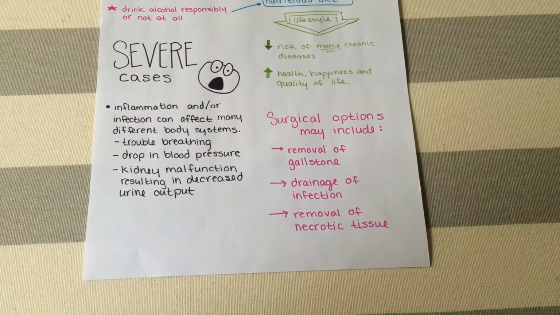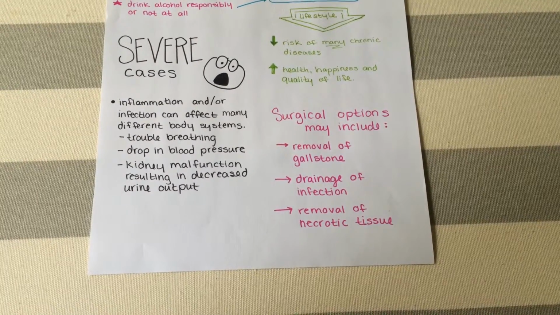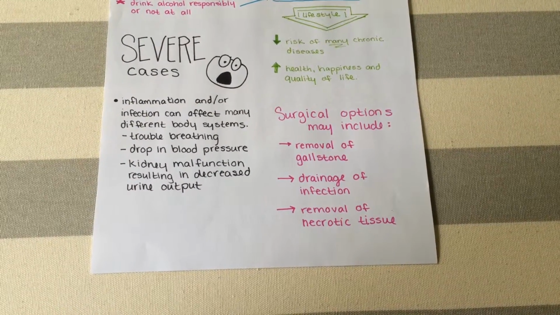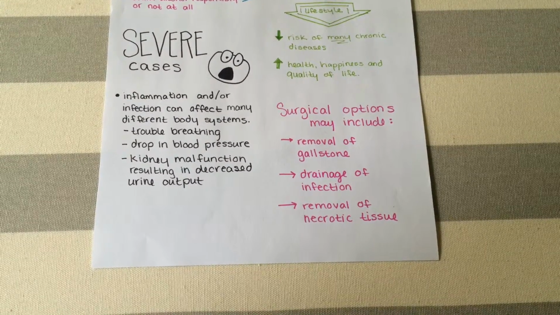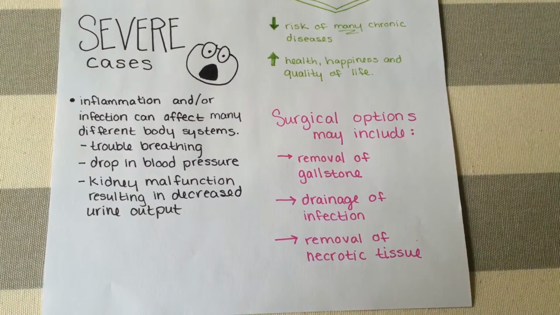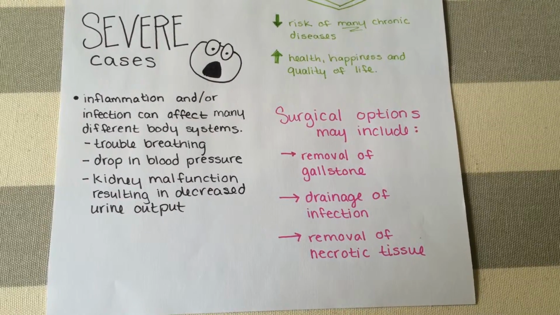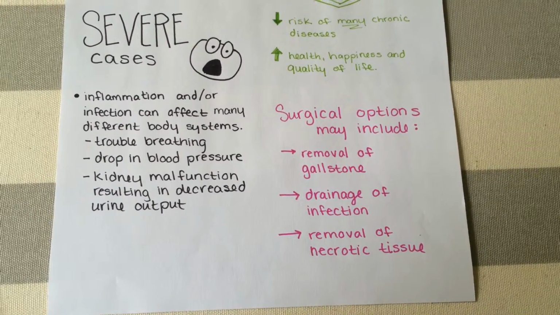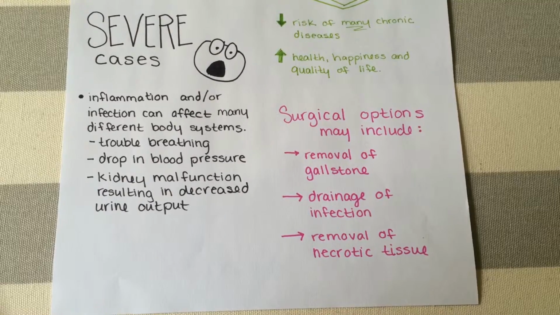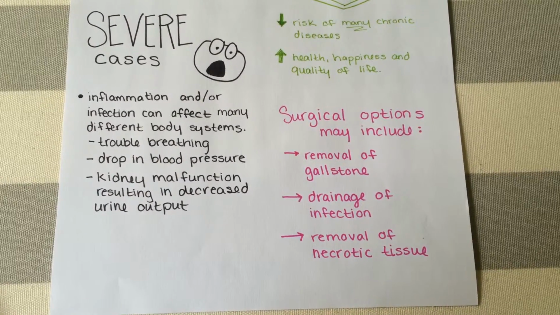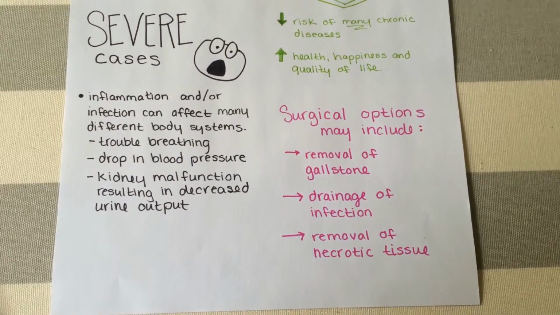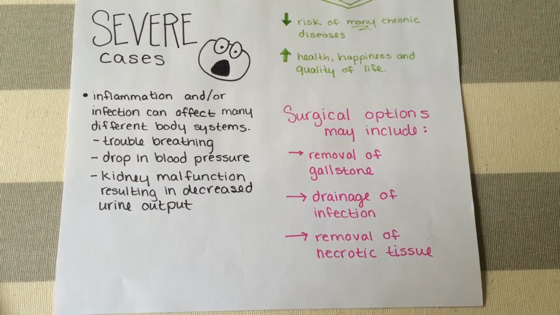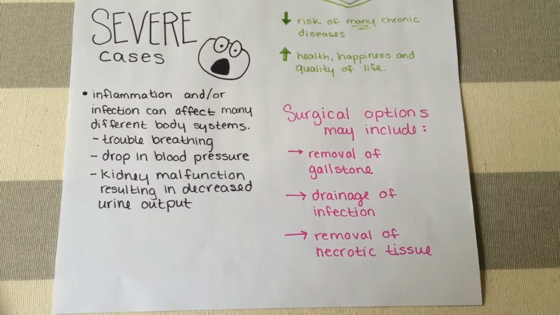Some common things that we see are trouble breathing, a drop in blood pressure, and kidney malfunction that results in decreased urine output. If the pancreatitis becomes severe enough, some surgical options may include removal of gallstones if gallstones are present, drainage of any infection in the abdominal cavity, and removal of infected, dead, or necrotic pancreas tissue.